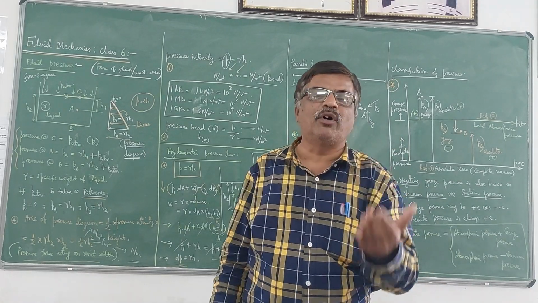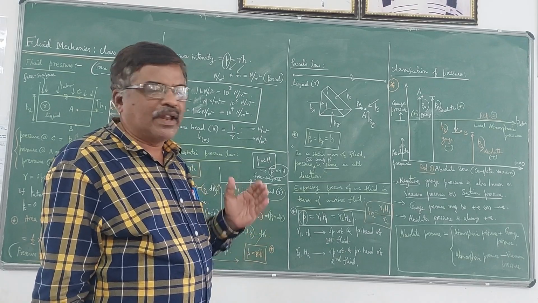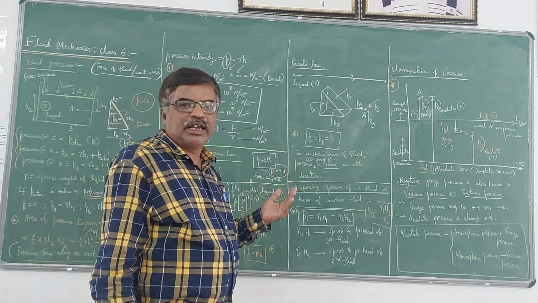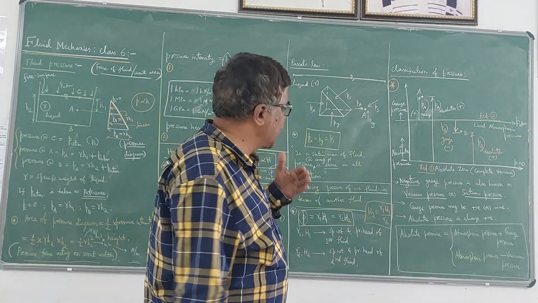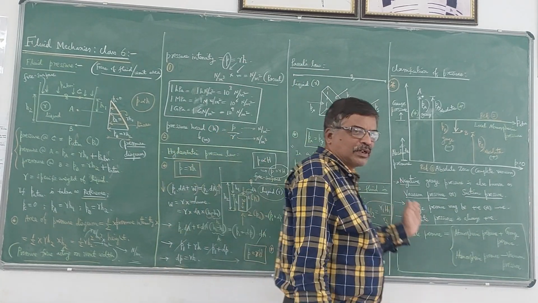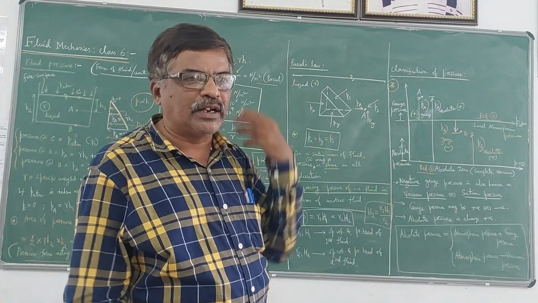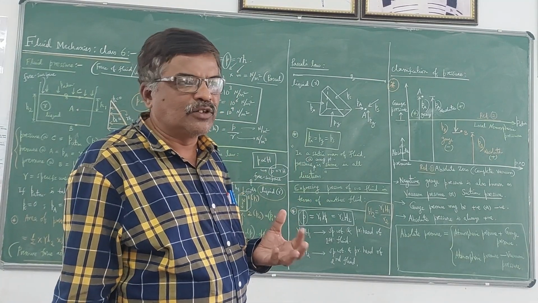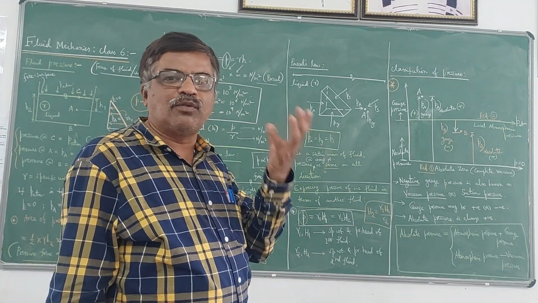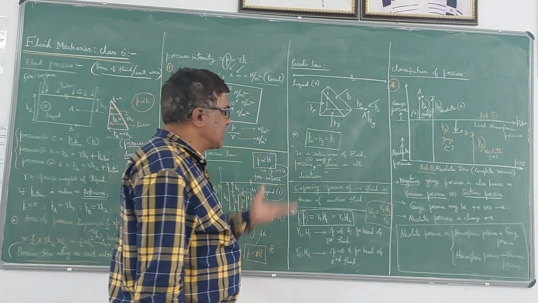If the pressure at any point is above atmospheric pressure, it is called positive gauge pressure. If it is below local atmospheric pressure, it is called negative gauge pressure, vacuum pressure or suction pressure. Normally in the case of pumps lifting water from a sump tank, suction pressure has to be created so that sucking of water takes place and it delivers water to a higher level.